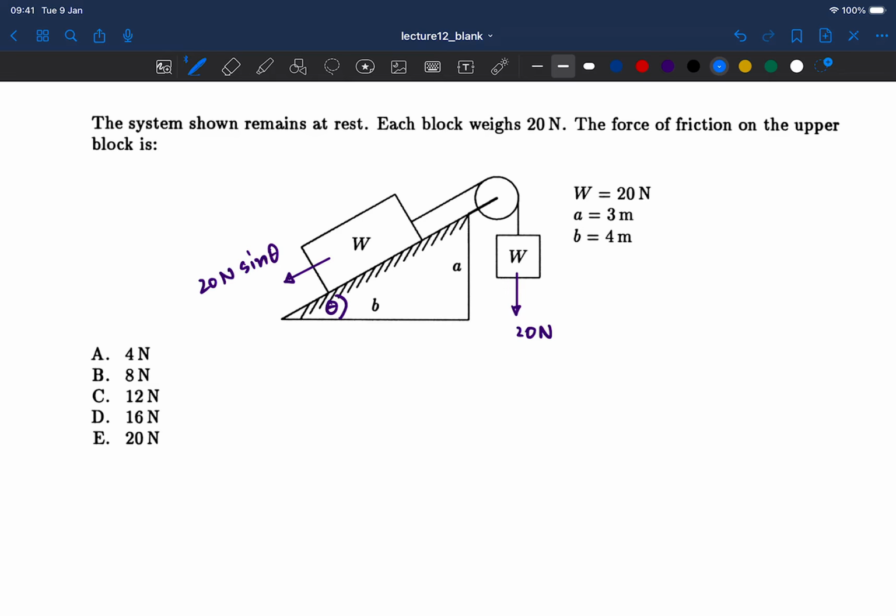So A is 3, B is 4, and the hypotenuse C is 5 meters. This is just a standard Pythagoras number that probably you all remember. So sine of the angle is A divided by C, which is 3/5. So that means the force pulling down this weight along the incline is 20 times 3/5, which is 12 newtons.